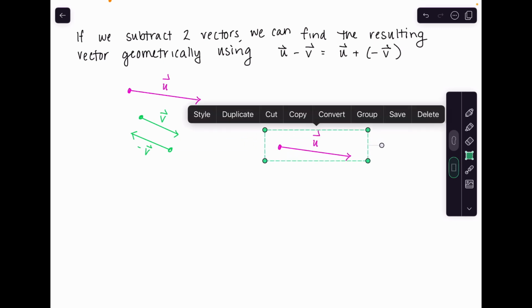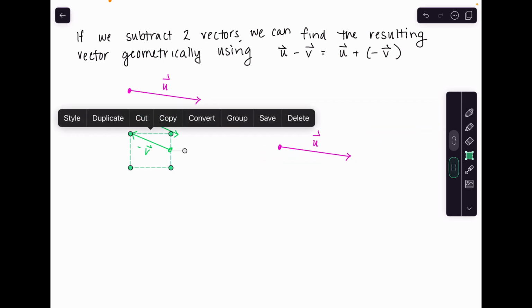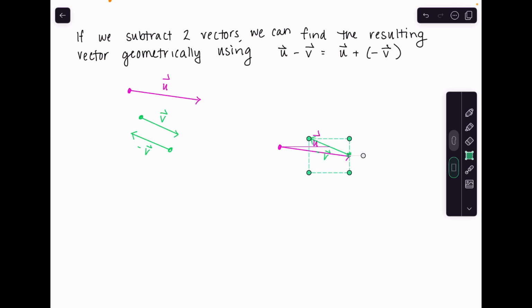Here is U, and I'll do the triangle law for this one. Here is vector V. We go ahead and do the tail end of one on the other. And I should have made this a little bit of a bigger angle, but that's okay. Make it work. This is negative V. This is vector U. So creating our triangle, we go ahead and connect the dots here, and this will be our vector U minus V.